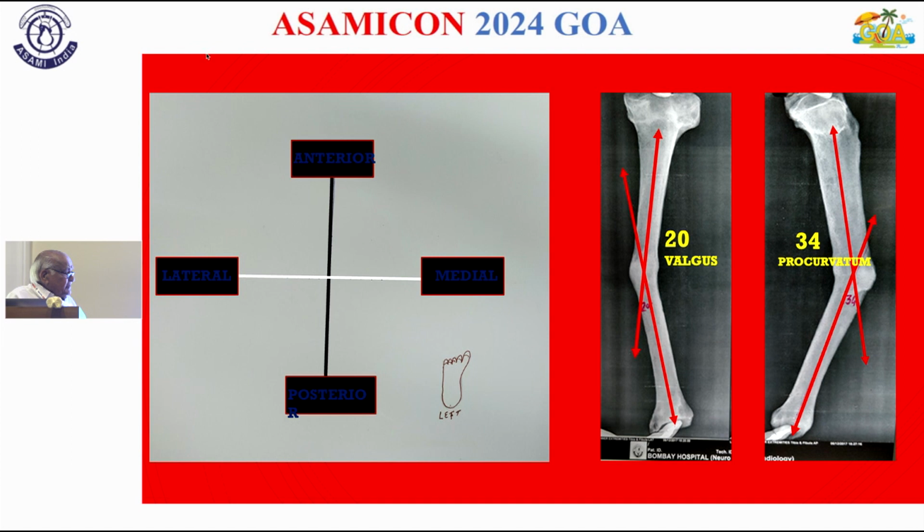So this will be the medial side, this the lateral side, anterior side and posterior side. It is a valgus angle, therefore you take a 20 millimeter point here and a 34 millimeter point here, because it is a procurvatum and the apex is on the anterior side.